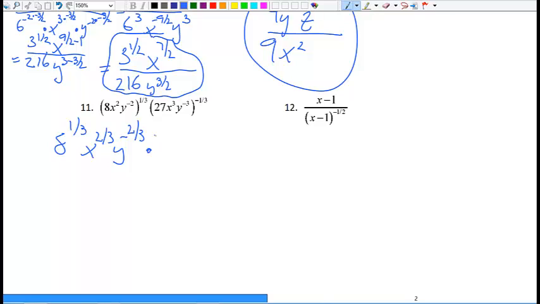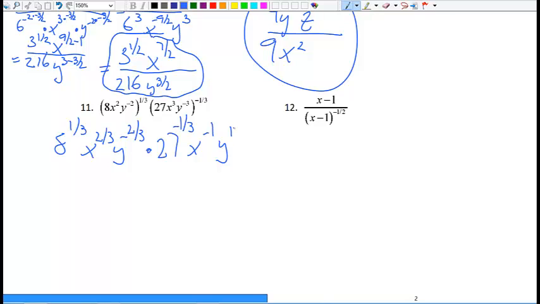And then I'm going to multiply that by 27 to the negative 1/3. X, let's see, 3 times negative 1/3 is negative 1. And y would be negative times a negative is a positive, so that would be y to the first.